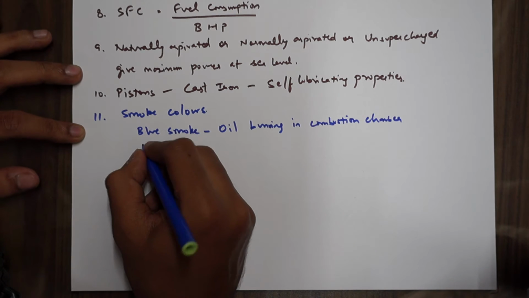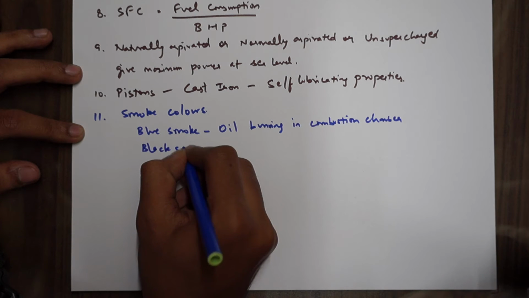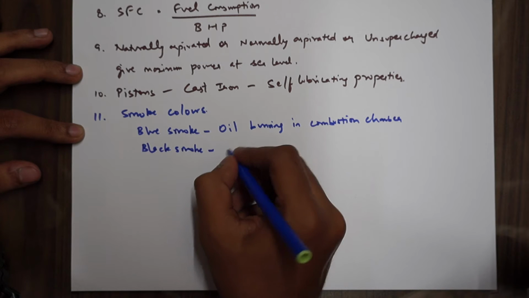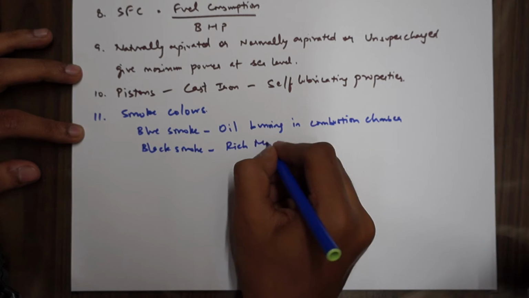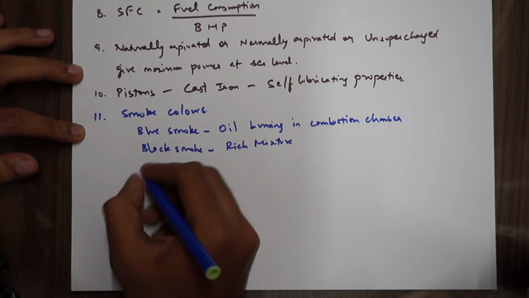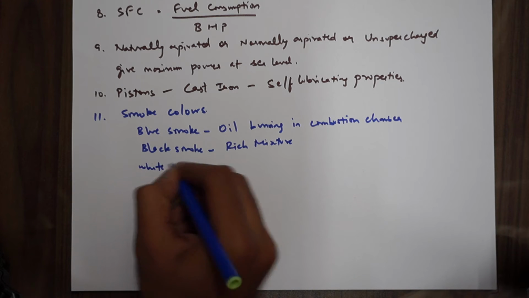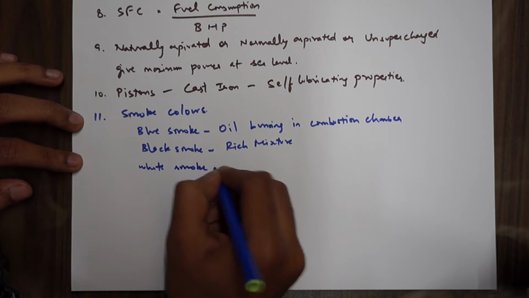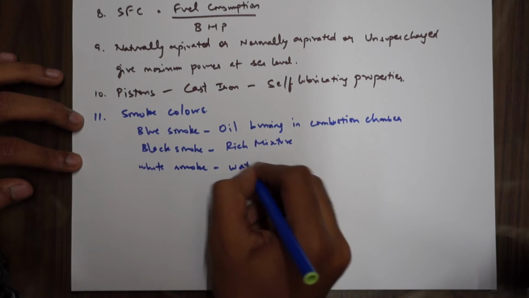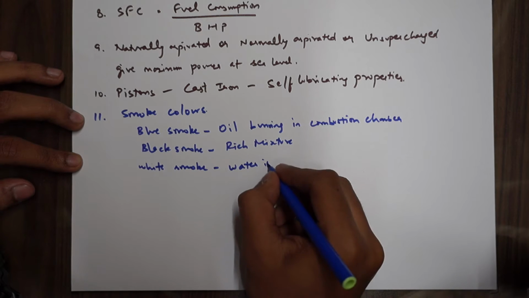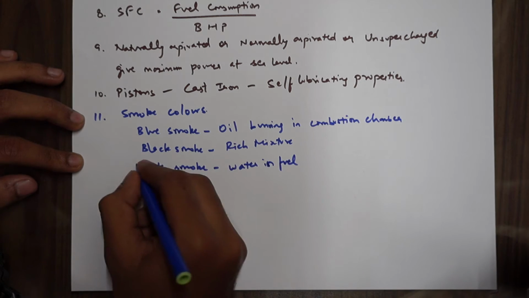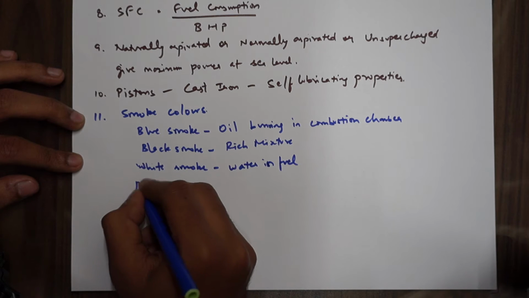Black smoke indicates your mixture is rich. White smoke indicates water is there in fuel. Water in fuel, this is white smoke.